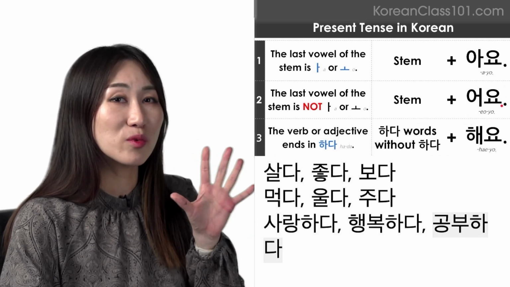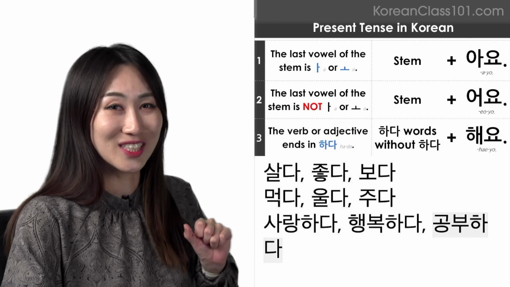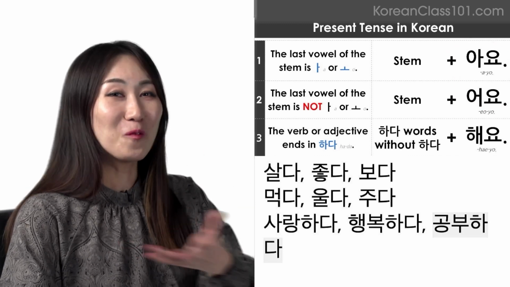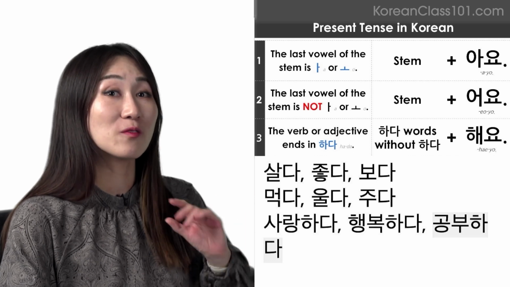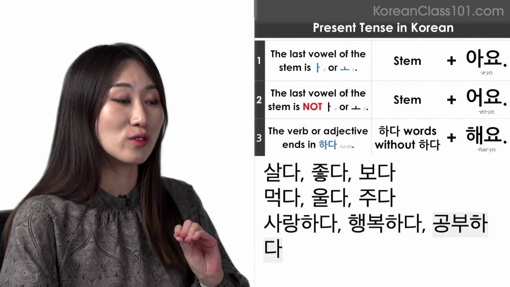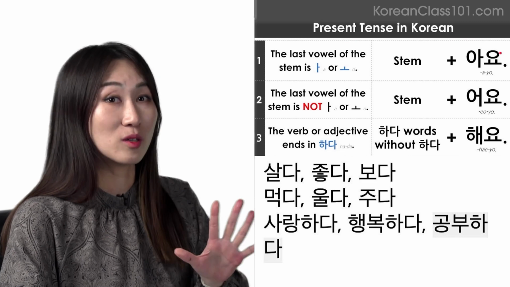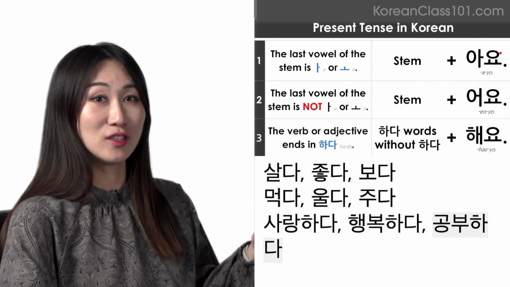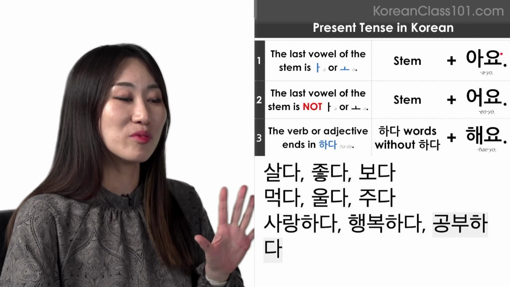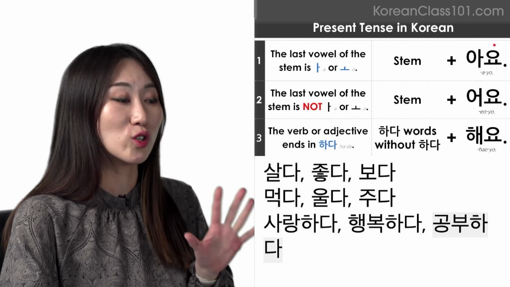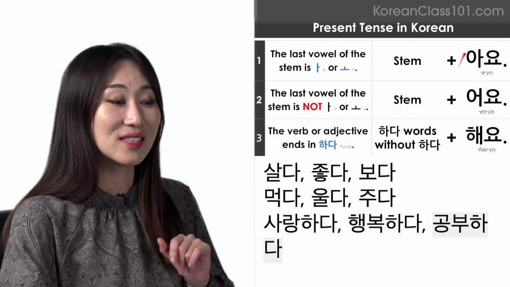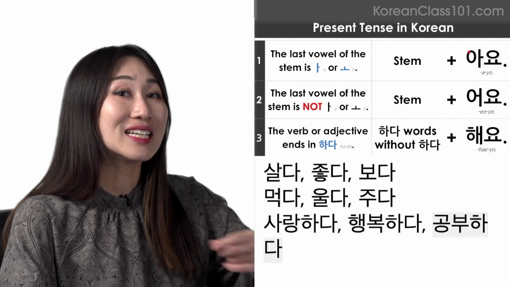So Korean people didn't make these rules to confuse foreigners. It just happened very naturally to pronounce all the verbs and adjectives easily. So it just happens because of the pronunciation. So when you conjugate the present tense, make sure to read it out.